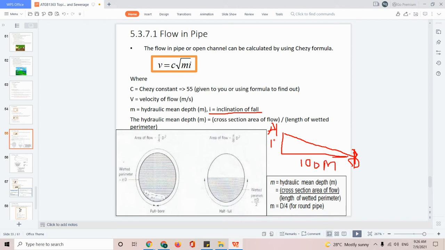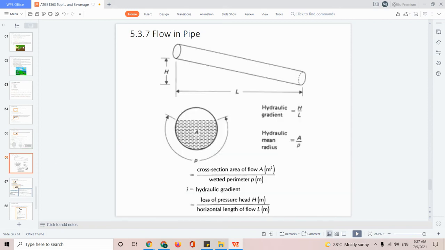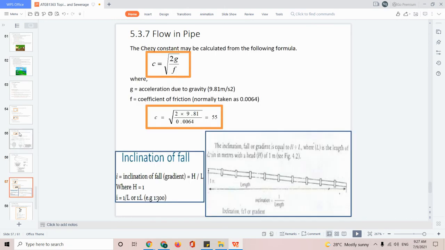Over 100 meters of length, there will be a drop of 1 meter. So you have 1 over 100, which is explained here with the difference between H and your L. So it's your hydraulic gradient. So I is pretty straightforward.